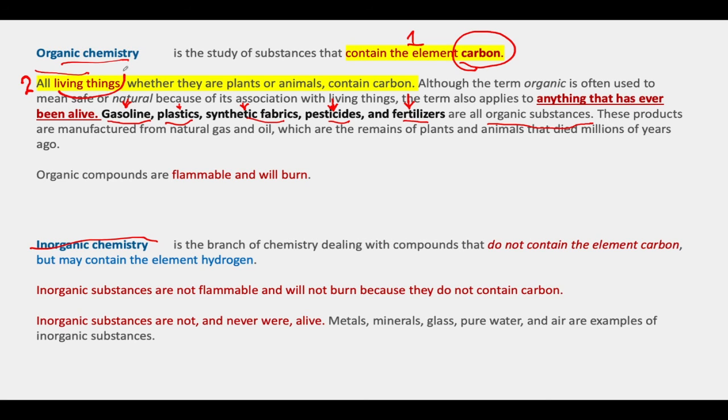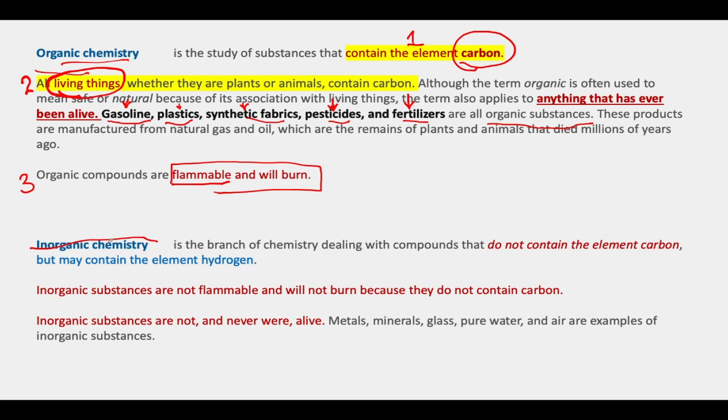So that's where the living things are important. Then the last thing is, because this carbon is present in here, carbon is very flammable, and carbon will react with oxygen and will generate heat. And so the flammability is the third significant aspect to this.